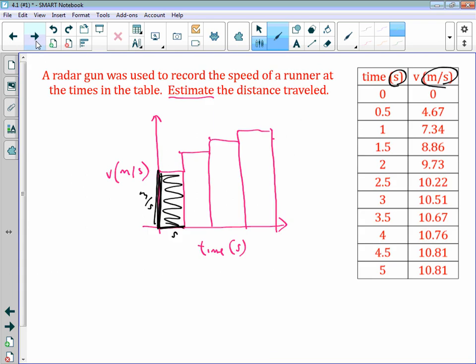Or like you get back to a problem like this, and this one's not terrible, because if you look at the time, do you see how it's going up by the same amount each time? When it's not going up by the same amount each time, I think that's where people start to go, oh, I can't do this because the width is different. You still just break it into rectangles and find the area of each rectangle, and it's super easy to get those points. You just have to really understand the concept.